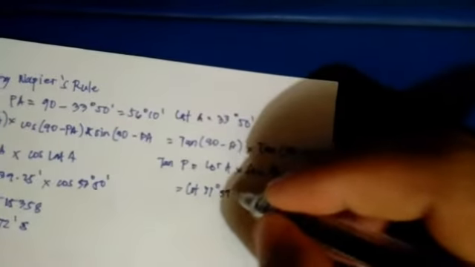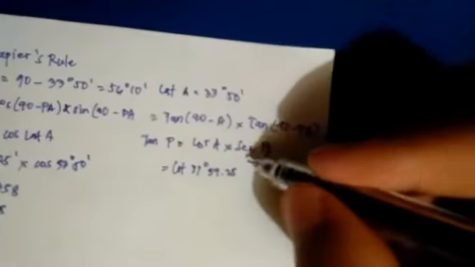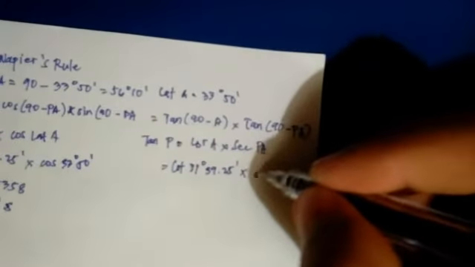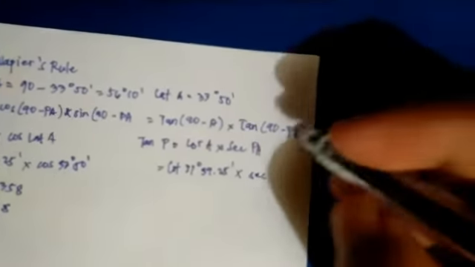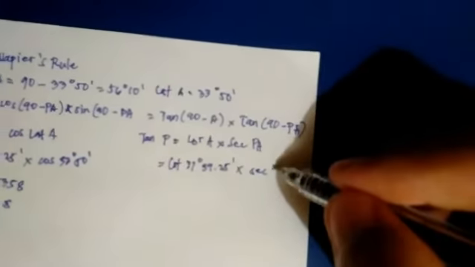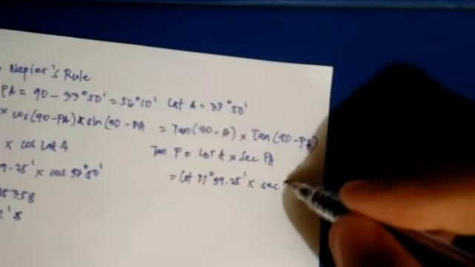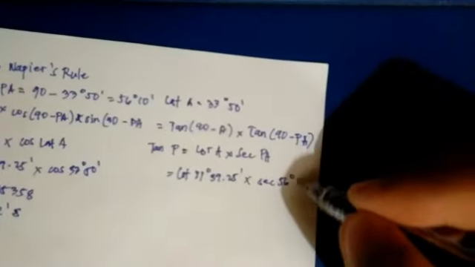So cotangent, our A is 77 degrees and 39.25 minutes, times secant our PA, which is 56 degrees and 10 minutes.